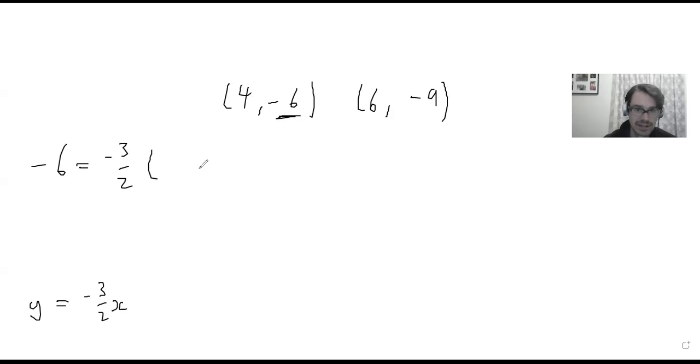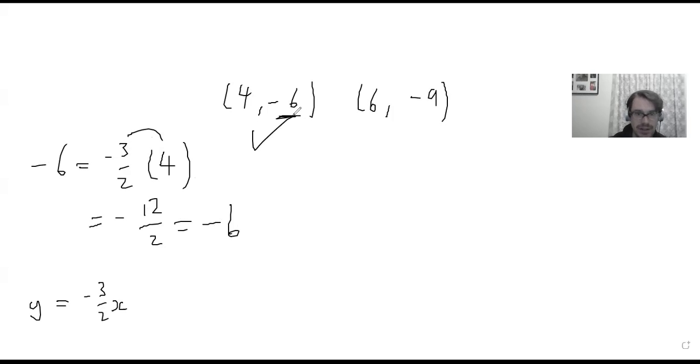Now we're going to put in our x, which is 4. We're multiplying a fraction by a whole number. So we multiply the top number, 3, by 4. We keep the minus. 3 times 4 is 12 on 2. 12 divided by 2 is 6, minus 6. Perfect. So this one works.